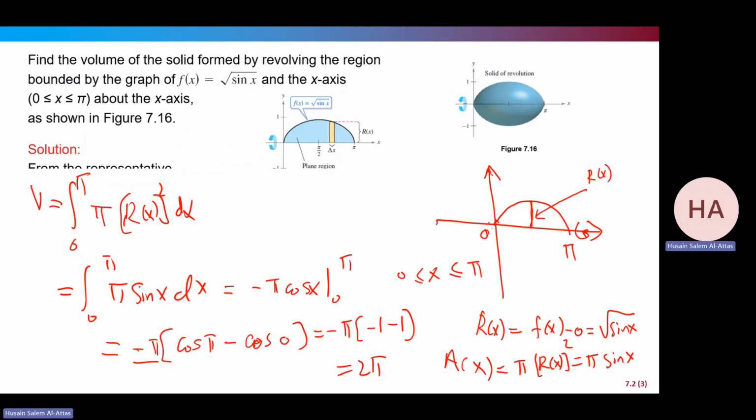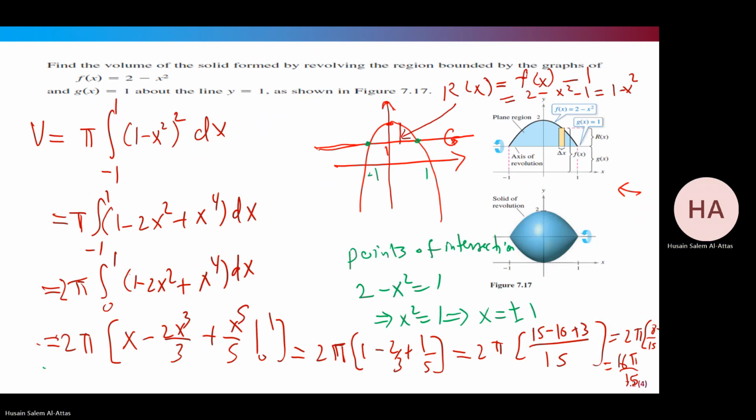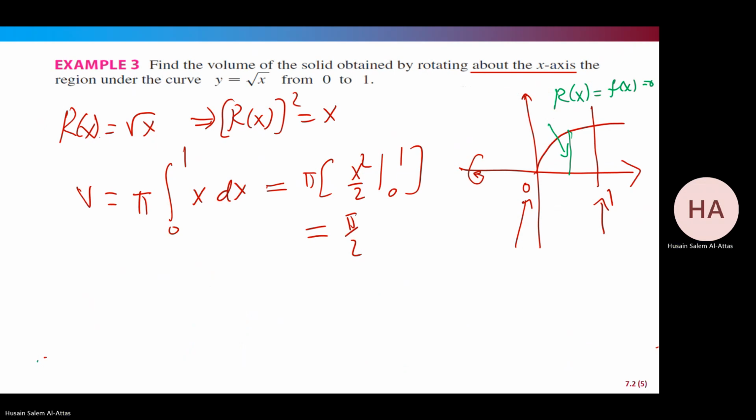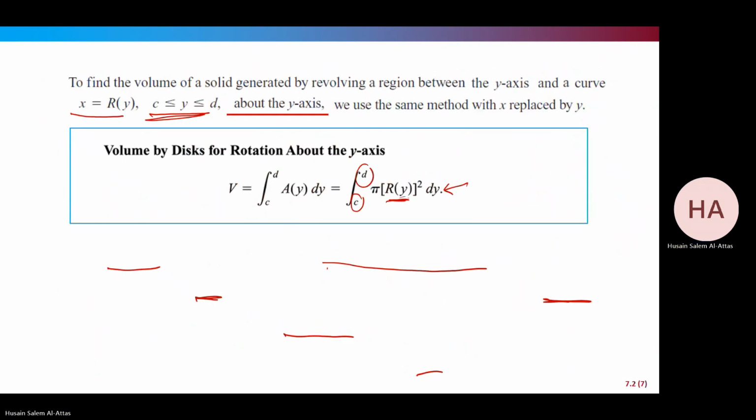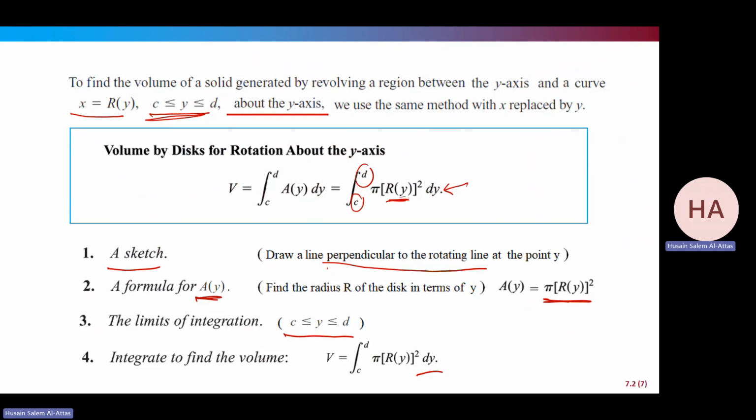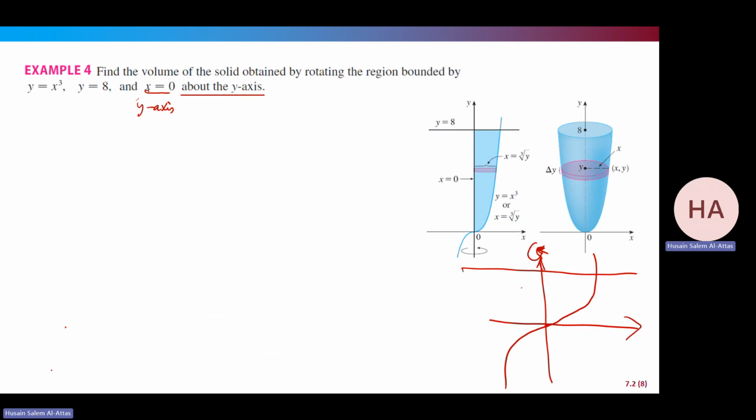Look at this one. This is the axis of revolution. I'm taking it perpendicular. Same thing here, same thing there. So also the same thing here. I'm doing it perpendicular now. So this will be my line.